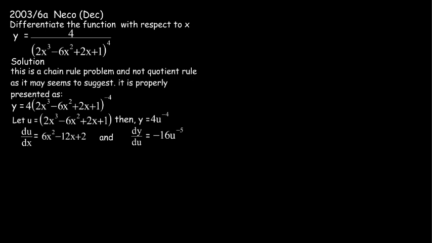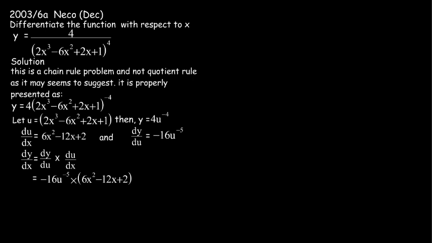Recalling our chain rule that states that dy over ds will be equal to dy over du times du over ds, we will now substitute for du over ds and dy over du. Therefore, dy over ds will be equal to minus 16u raised to the power of minus 5 times, in bracket, 6s squared minus 12s plus 2. At this point, we are going to substitute for u, and recall u is equal to 2s cubed minus 6s squared plus 2s plus 1.